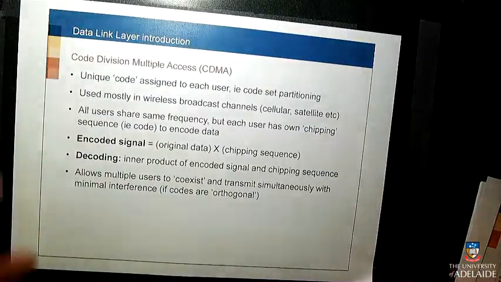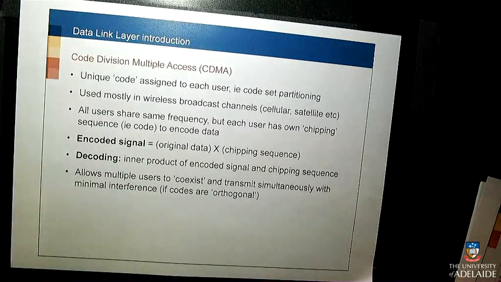So that's channel partitioning, using frequency and time. There's another way to partition a channel, which is using codes. These days, 4G networks use a combination of frequency, time, and code. They use everything.